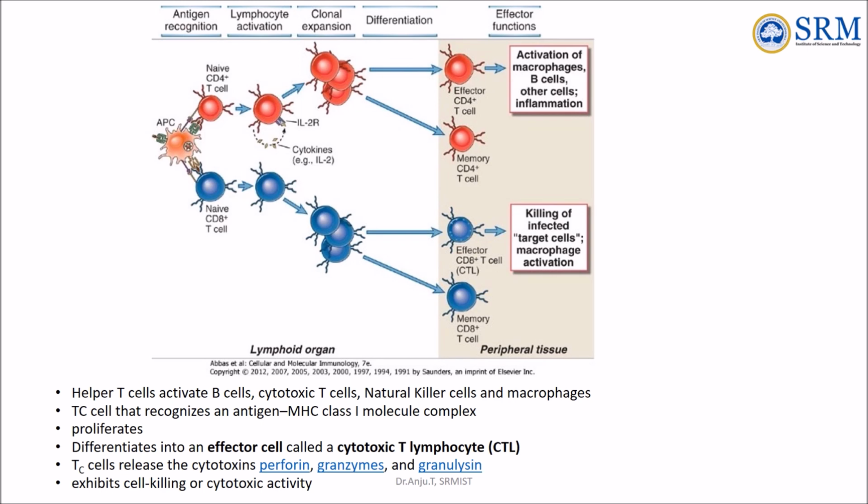Once activated, they can directly act against the antigens. They release cytotoxic chemicals such as perforins, granzymes and granulysin, and they help in killing the foreign microorganism. Since they kill the microorganism directly, they have the cytotoxic property. That is why they are called cytotoxic T lymphocytes.